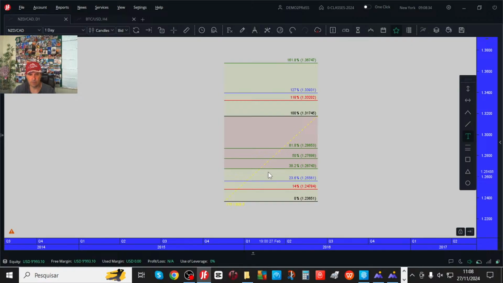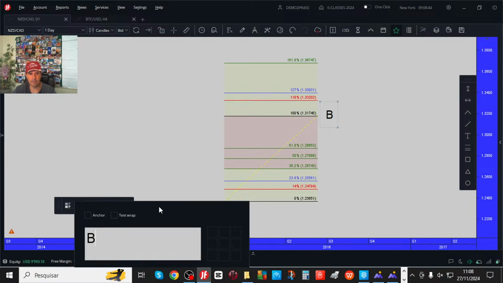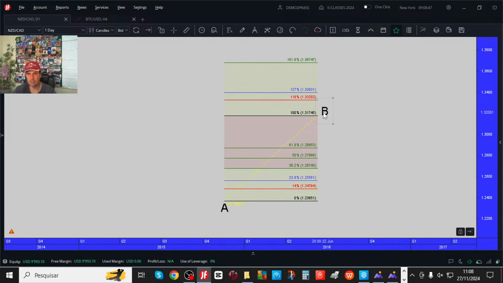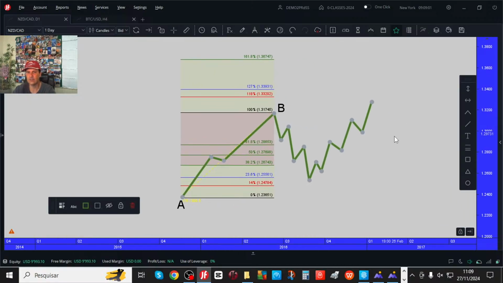So, if this is the original Fibonacci, everybody, on any time frame, you have the A, then you have the B. So you have this price action, and then the market starts to retrace, something like this, and then the market does this, and does this, and does this, and we are here right now.